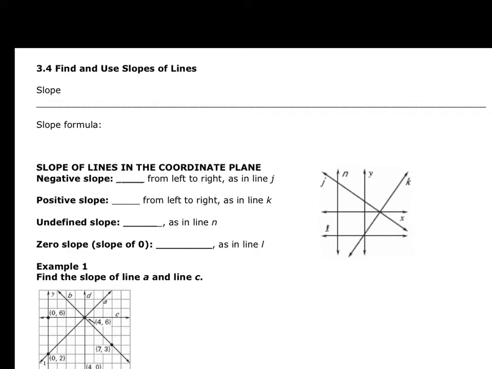So basically it's a rise over a run. So it is the ratio of the vertical change of a line, and the vertical change is referred to as the rise, so that's where we get rise over run.